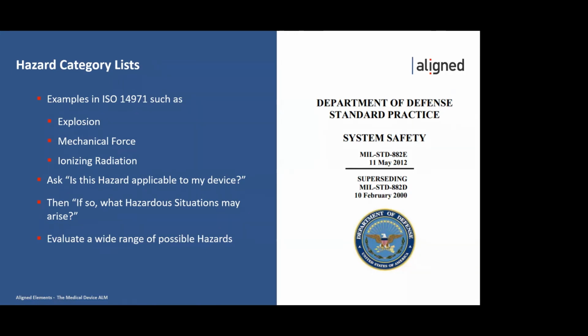Yes or no? And if yes, what kind of hazardous situation may arise given this hazard? And this makes it possible to evaluate a wide range of possible hazards that you might not have thought about yourself, because you might not associate them with your device.